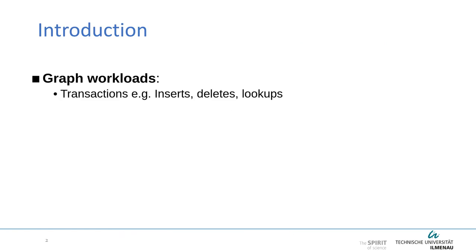So to start off, we looked at graph workloads as being broadly classified into two, the transactional and analytical workloads. Transactional workloads are basically insert, delete, and look up graph objects, graph objects being nodes and relationships. And of course, they include traversing the neighborhood of a node.